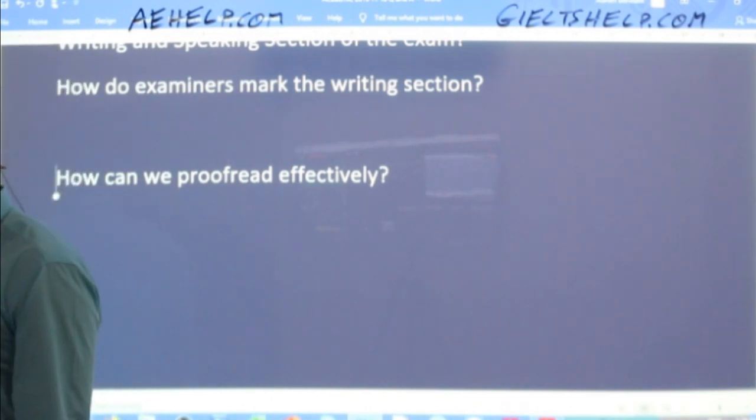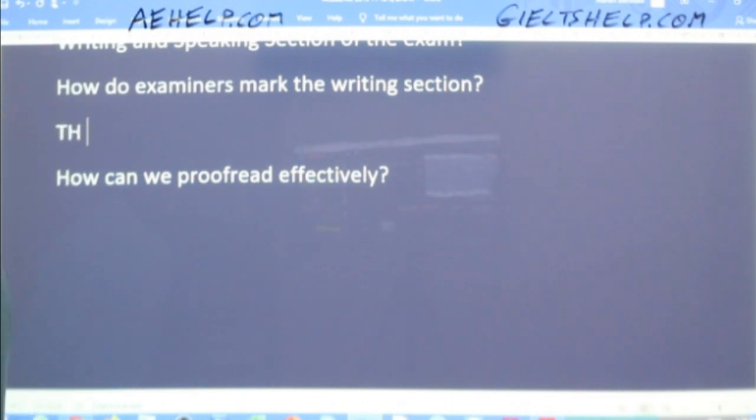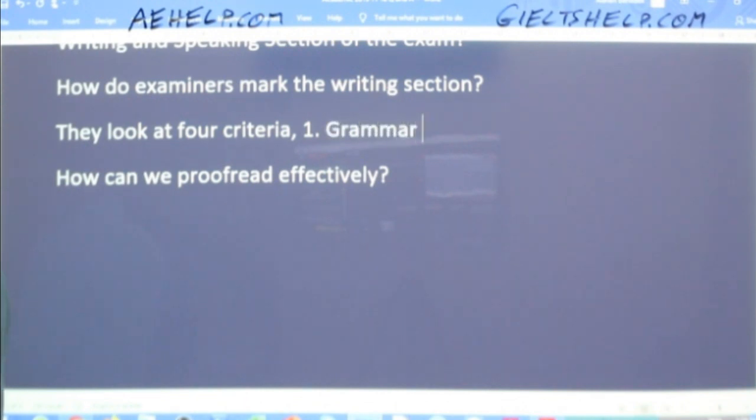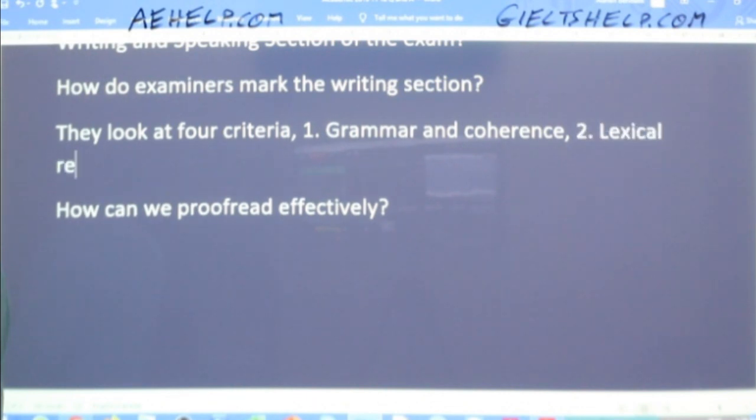Okay, so the first one, how do examiners mark the writing section? I'll just quickly give you the answer. They look at 4 criteria, and then we can come back to this if we have time.